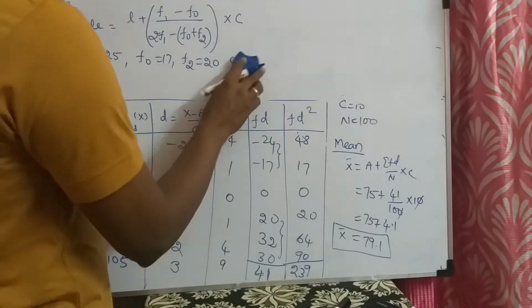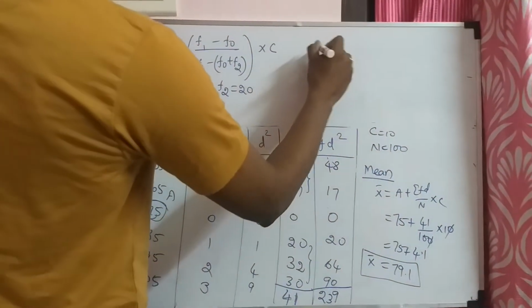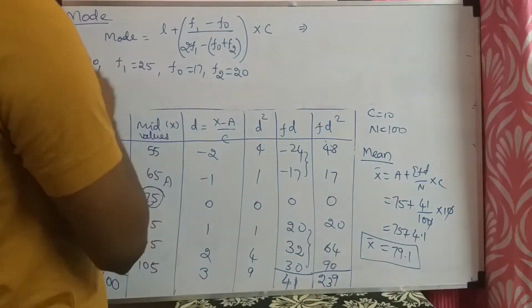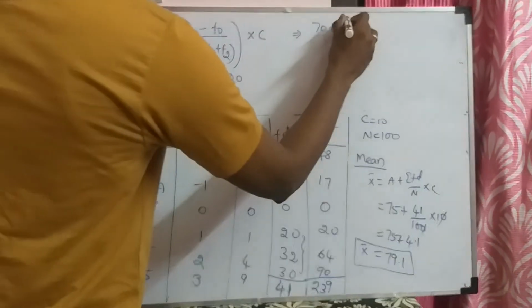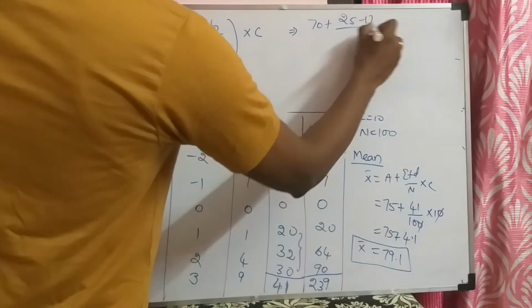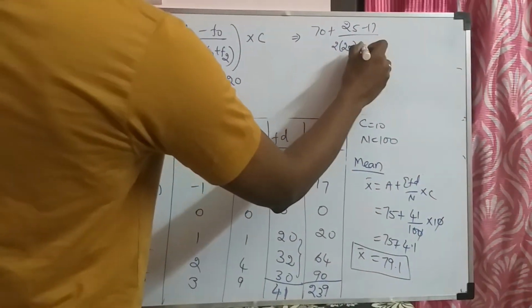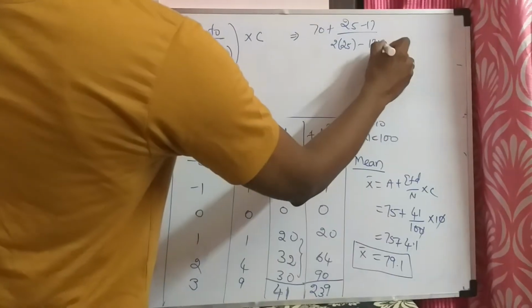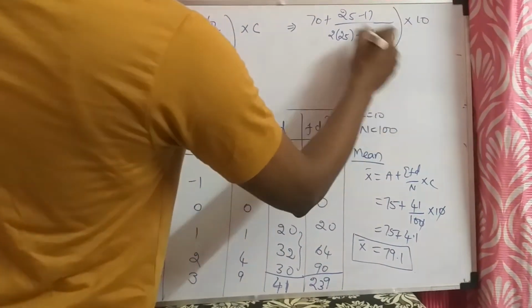So we already noted that down. So next, mode equal to L value 70 plus F1 is 25 minus 17 divided by 2 into F1, F1 is 25, minus 17 plus 20, that is F0 plus F2, into C is 10.